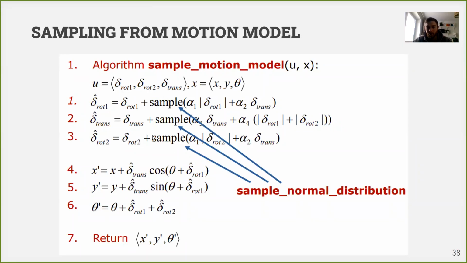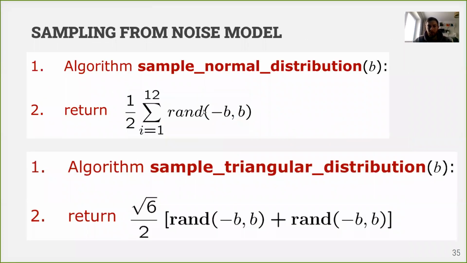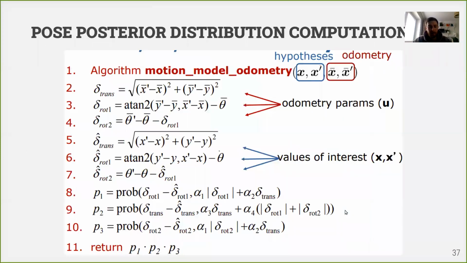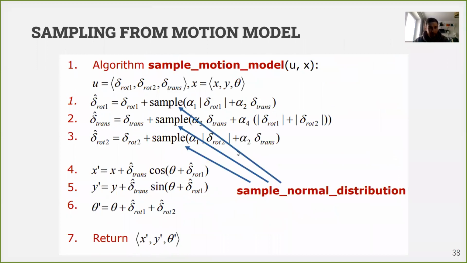We can sample some noise from our models with these equations. So basically, we are sampling from this or this probability function. And then using these noisy parameters, we basically add some noise to our parameters. We know that we commanded the robot to rotate, for example, 90 degrees, but we add some noise because we know that our motion or rotation is noisy.